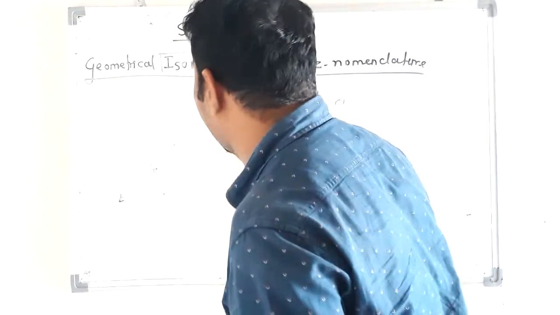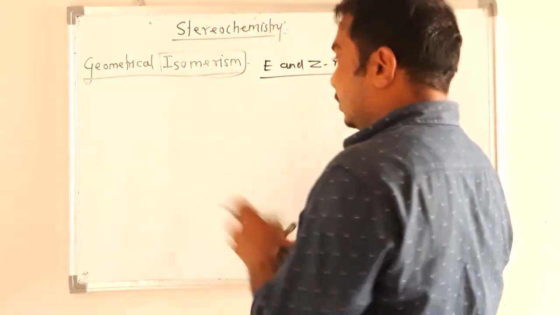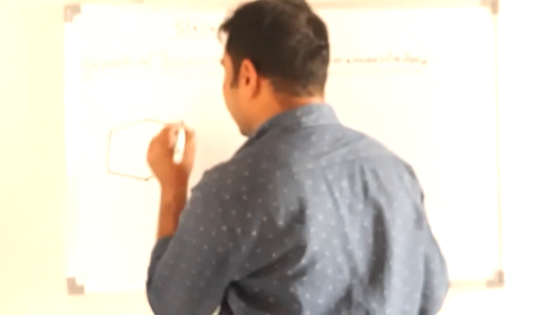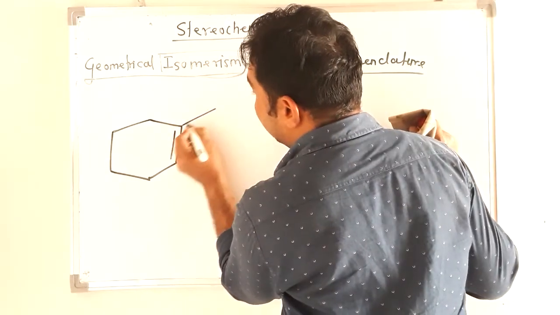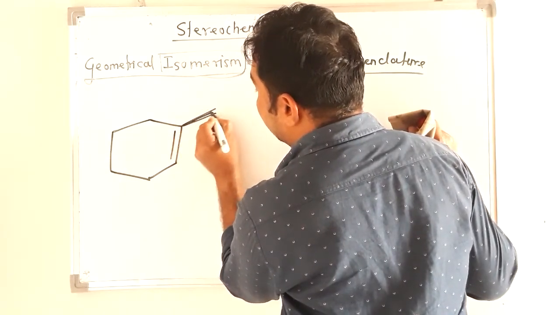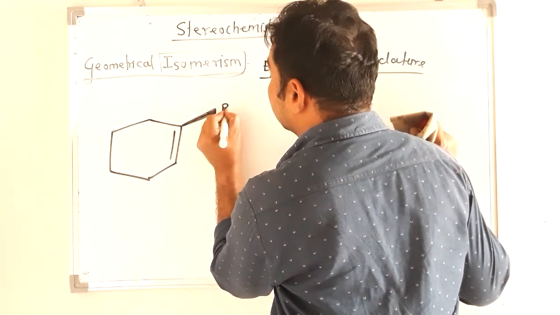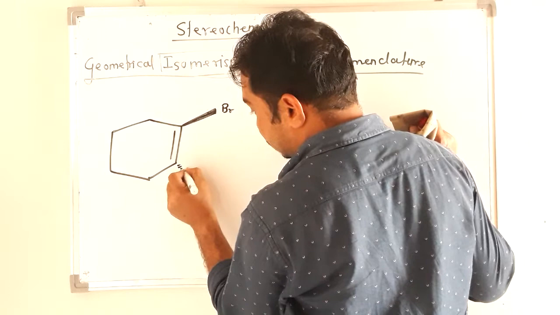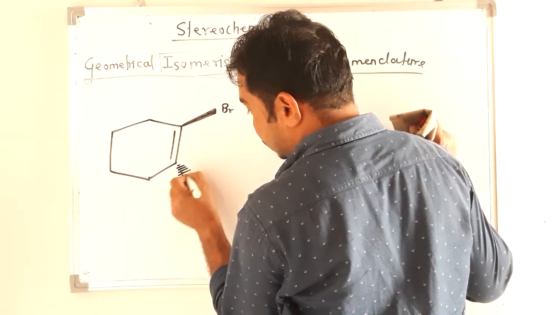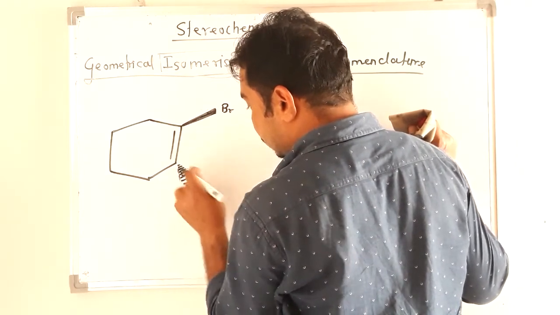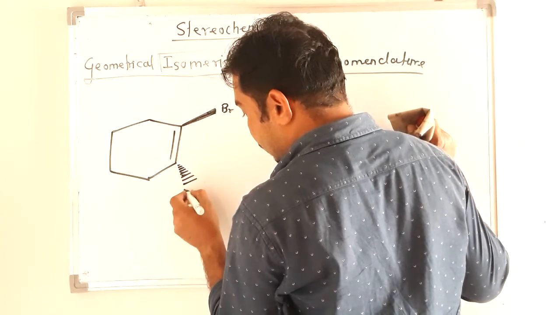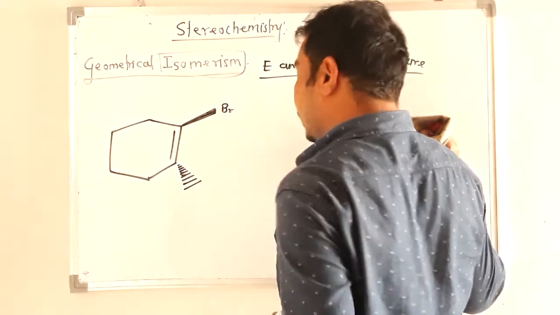One more example. In case of a cyclic compound, for example, we are very much familiar with this symbol.